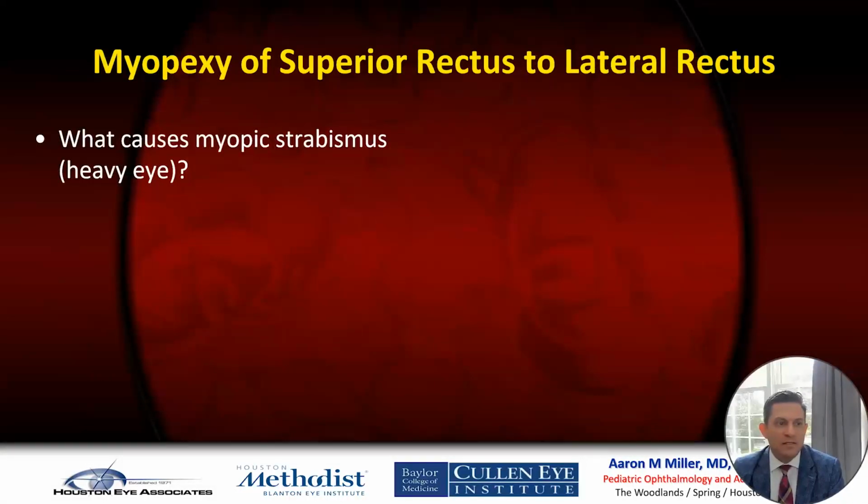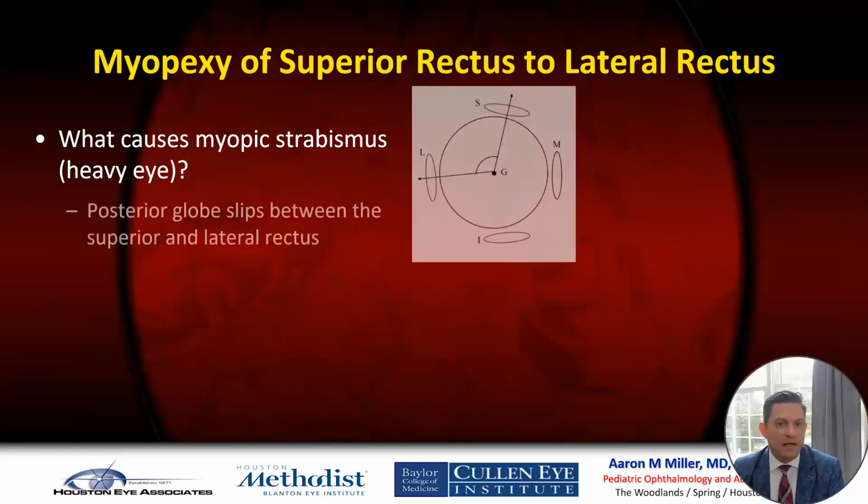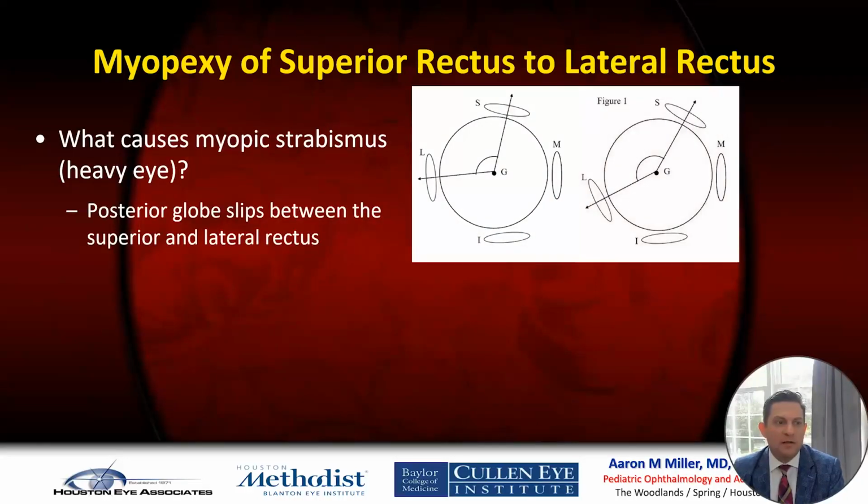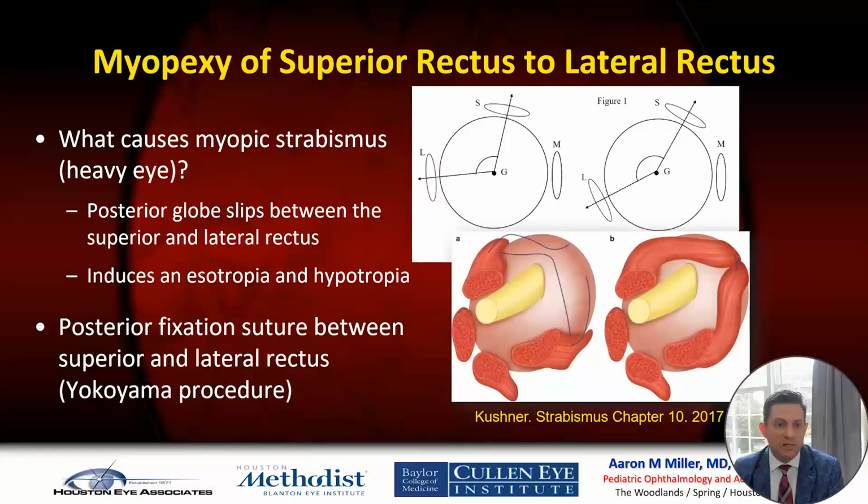So what causes this myopic strabismus? Again, this is that gap between the lateral rectus and the superior rectus. You can see in this picture, it's that angle when the eye dips down and out, and induces this esotropia and hypotropia. I think your last year's lecture, Dr. Kushner, in his book, actually has a great anatomical drawing from the posterior.